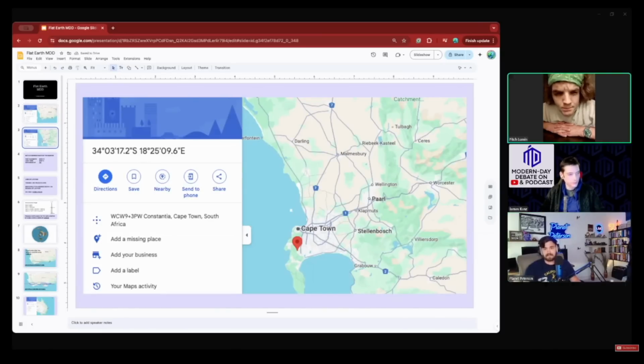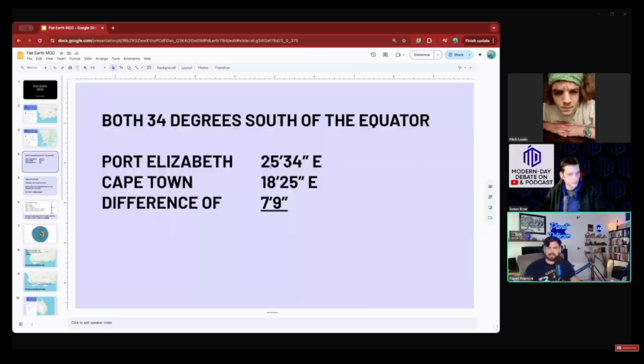Nope. Okay. So what I have here are their longitudes, right? One is 25 degrees, 34 minutes east. The other is 18 degrees, 25 minutes east. So there's a difference in separation of 7 degrees and 9 minutes.